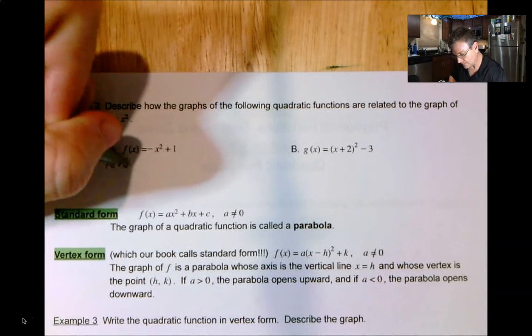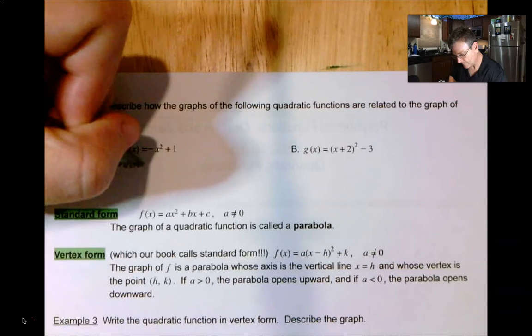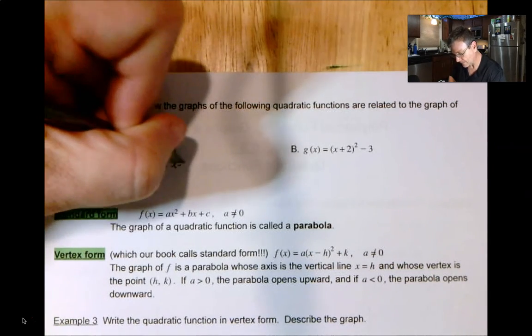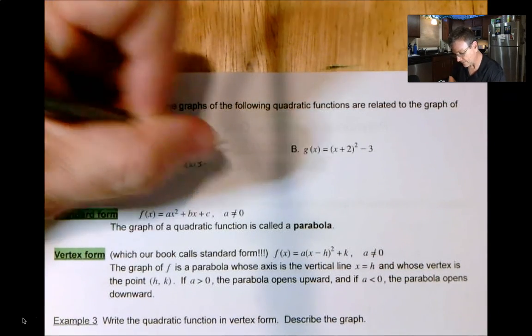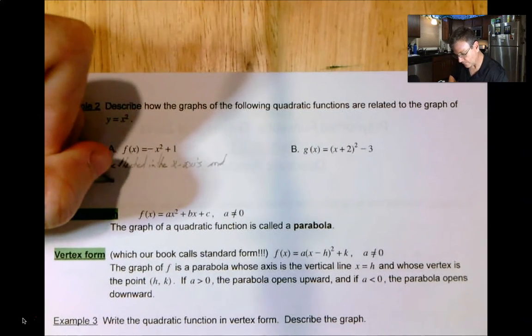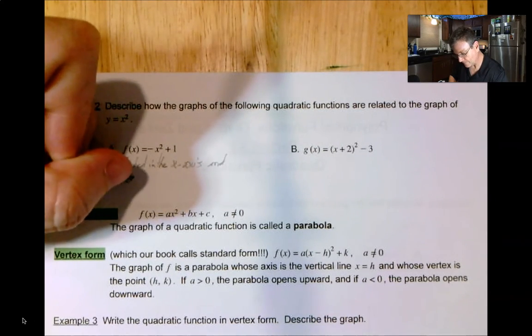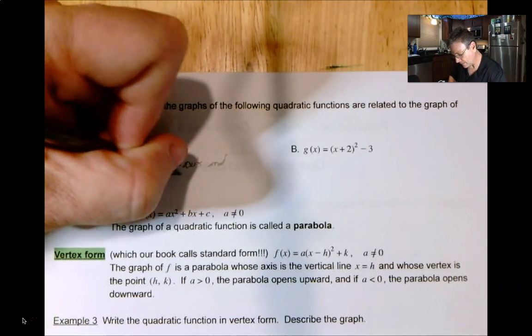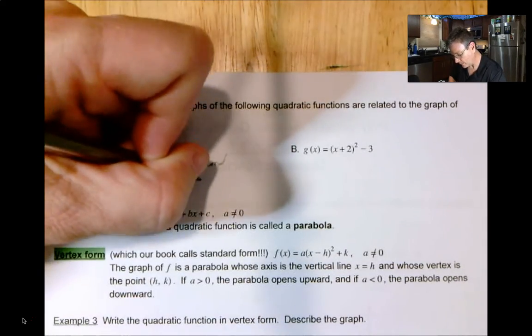Reflected in the x-axis and vertical shift up 1 unit.